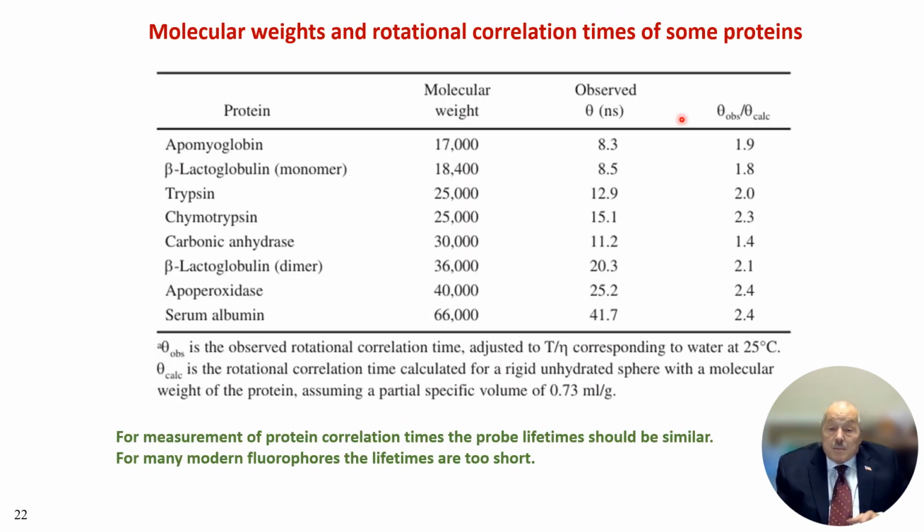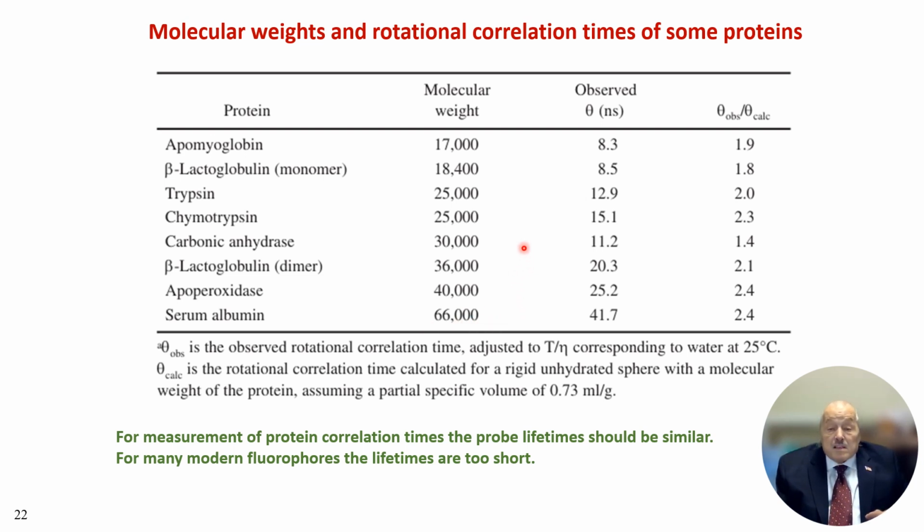And here's just some typical molecular weights and correlation times of proteins, ranging from apomyoglobin and trypsin in the 20 kilodalton range, and going all the way up to serum albumin in the 66 kilodalton range.